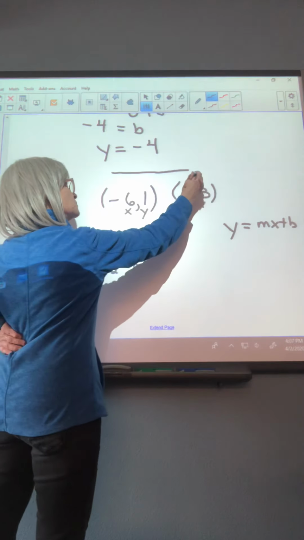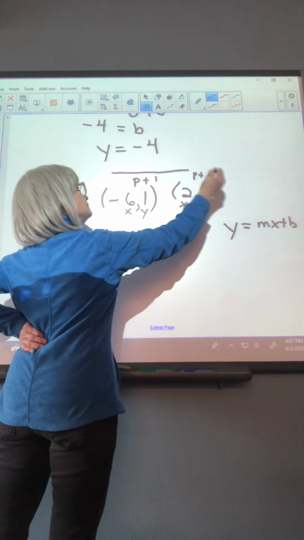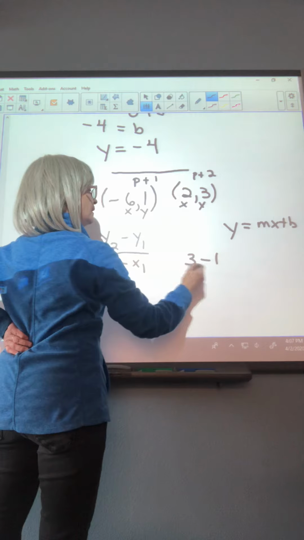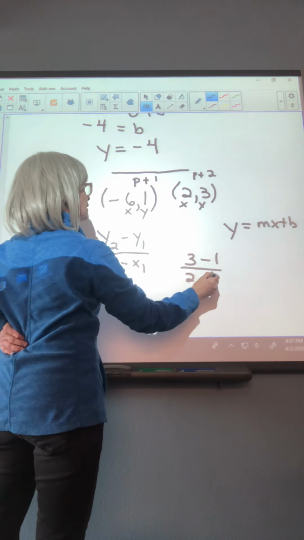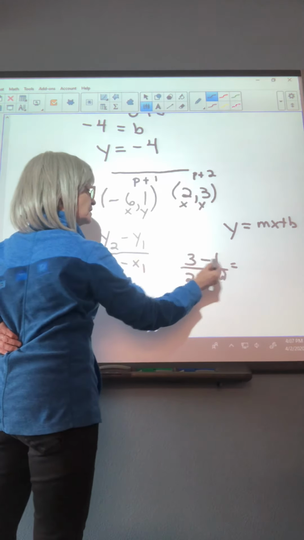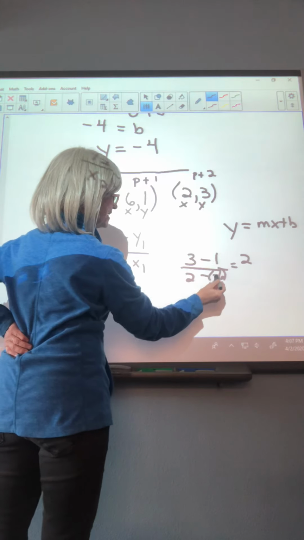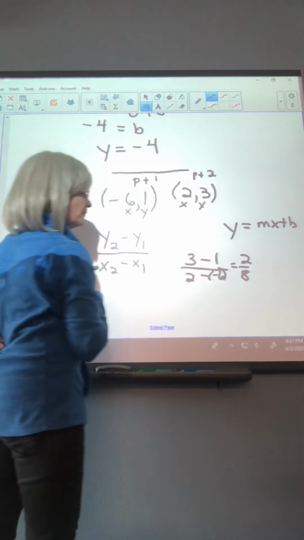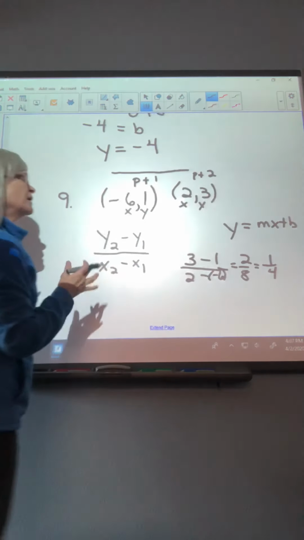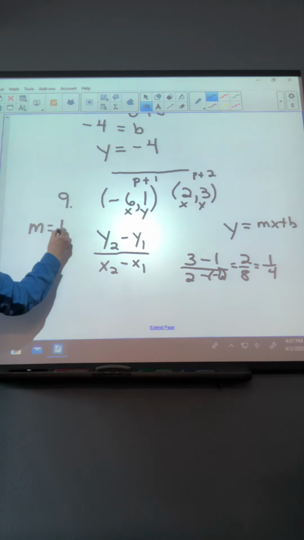So if this is point 2 and this is point 1, we would say 3, take away 1, over 2, take away a negative 6. 3 take away 1 is 2. 2 take away a negative 6 would be 8. And we can reduce that to 1/4. So now we have our m. Yay, we have our slope. m is equal to a positive 1/4.